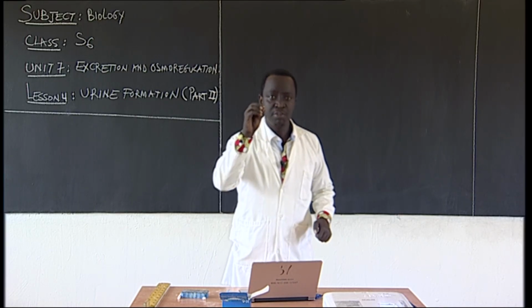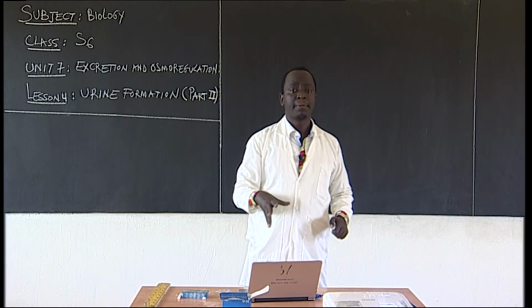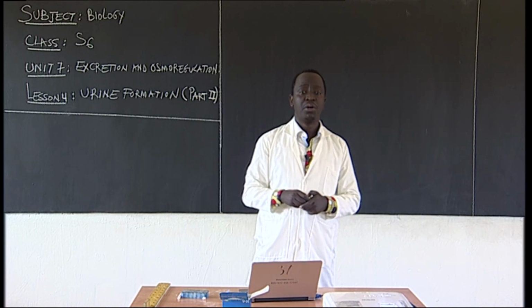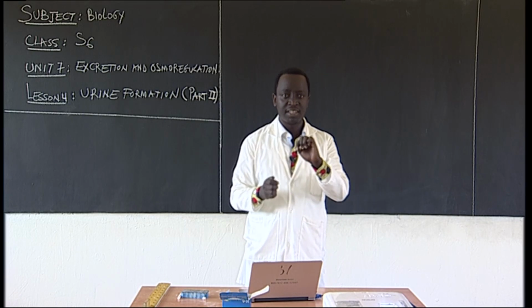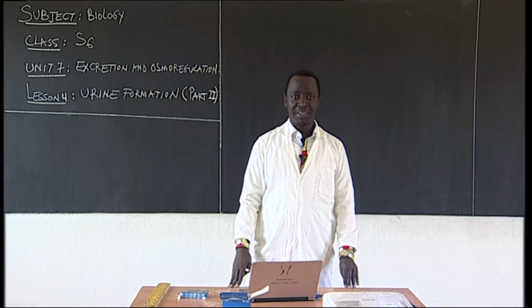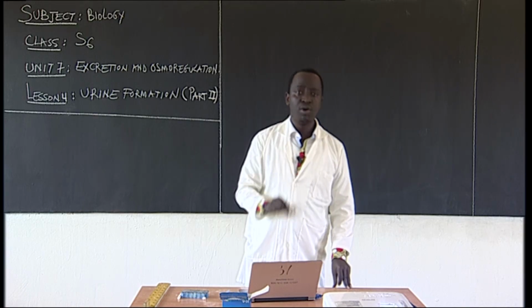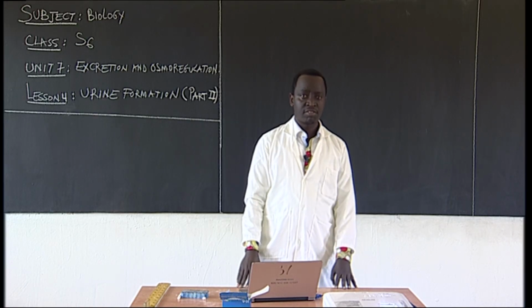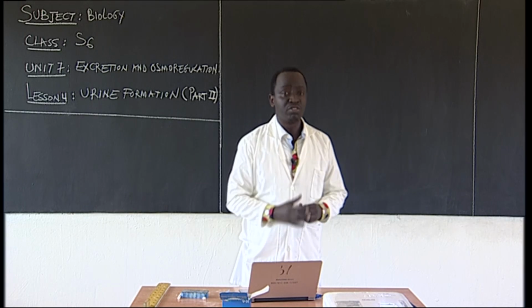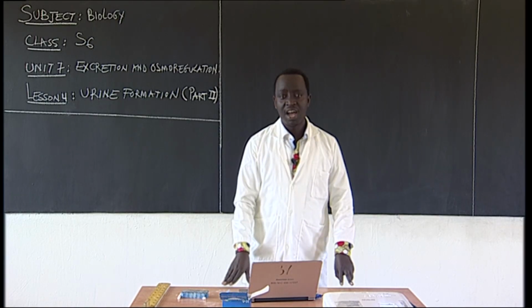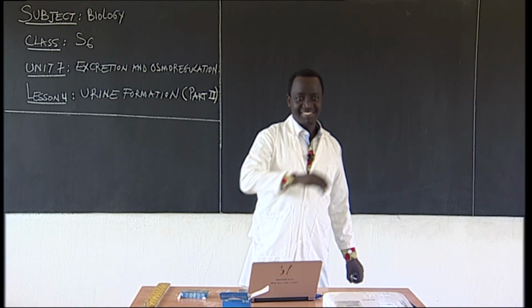And then the most reabsorption takes place where? We have seen this. I see someone want to try. Okay, you can try, no problem. Nice. At the proximal convoluted tubule, where the most reabsorption takes place. But reabsorption will continue until we get the urine. Nice.